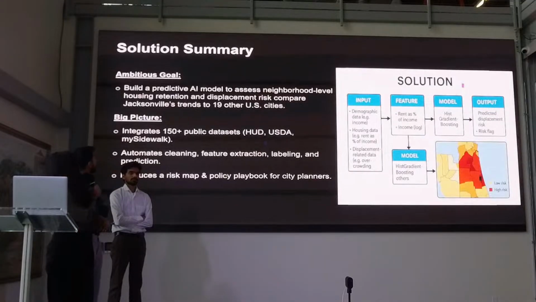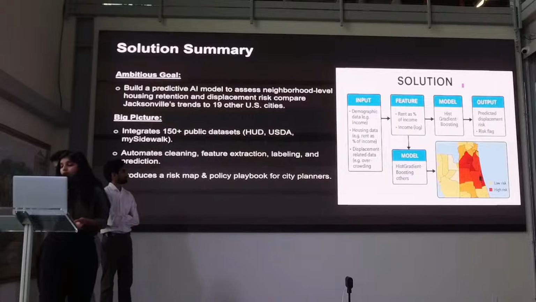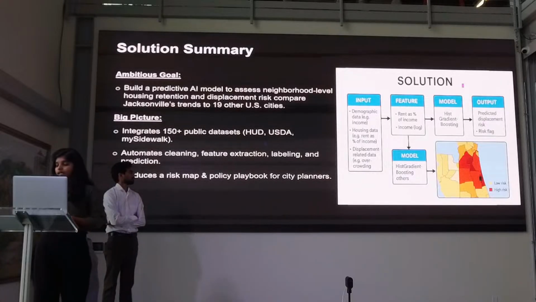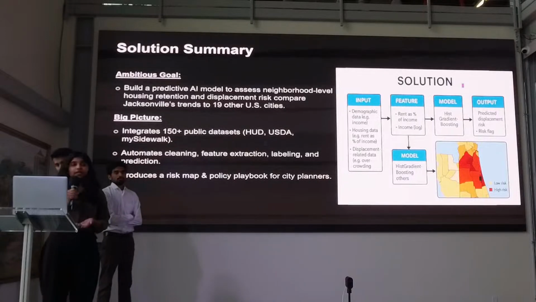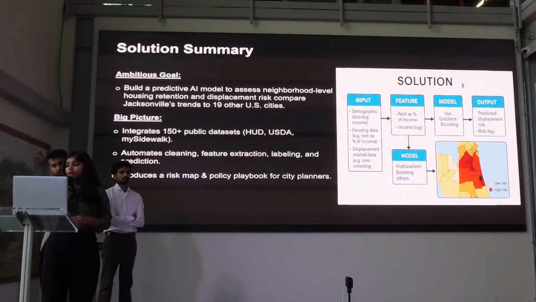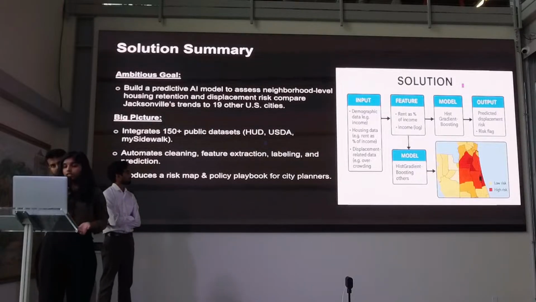Coming to the solution summary, to solve this problem, we built an AI model to measure the risk of housing displacement for every neighborhood and to compare Jacksonville's trends with 19 other US cities.